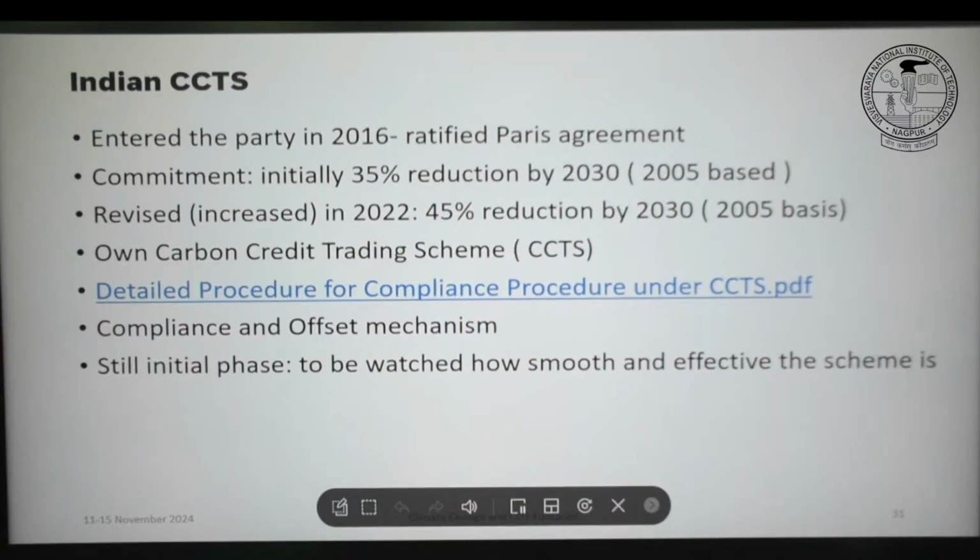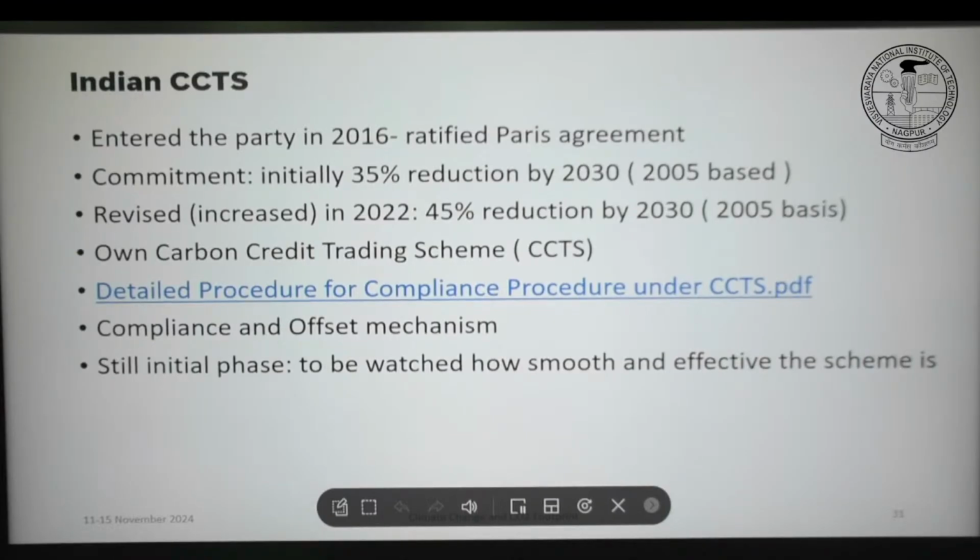So compliance and offset. Compliance. Making a policy is one thing, but making people comply with these policies is another. And there, reporting is one of the most important things. We have Dr. Kalpana here, and she is an expert on GRI reporting, which is compulsory in India. Yeah, GRI worldwide.